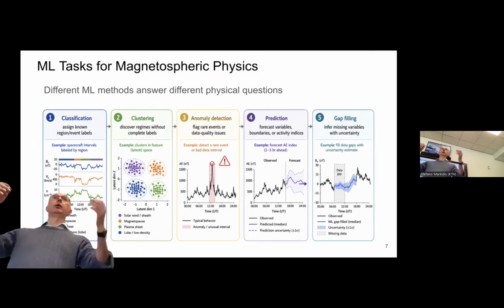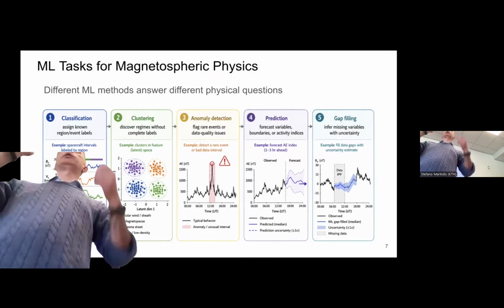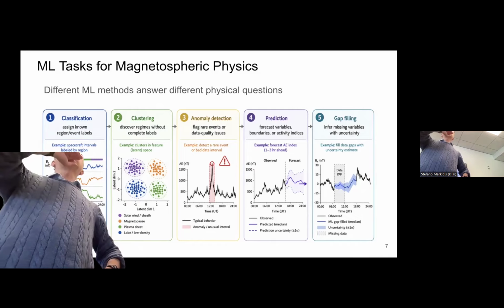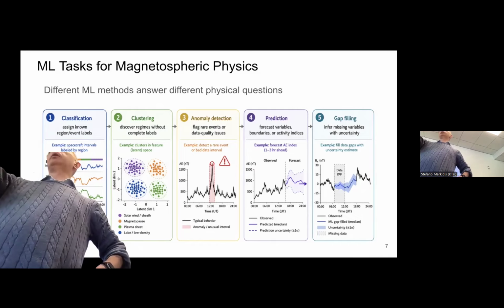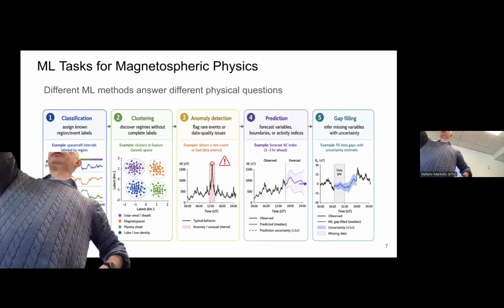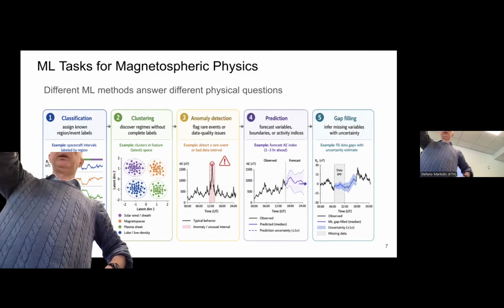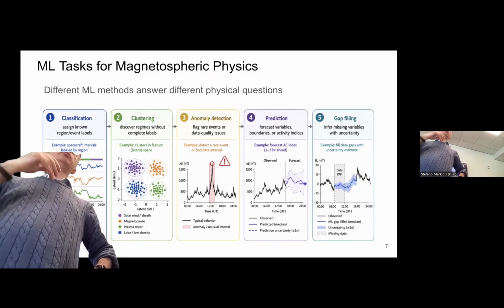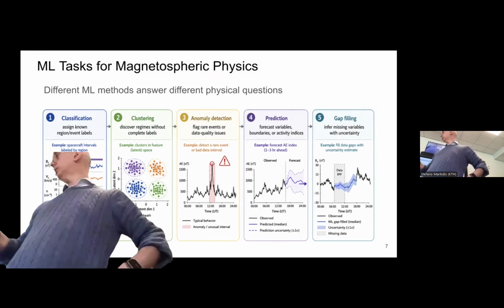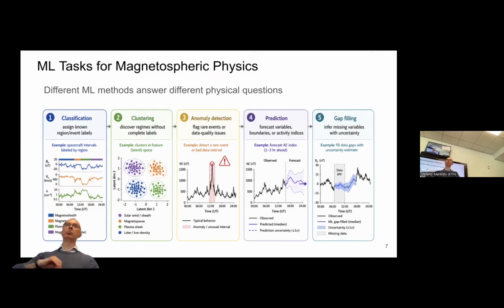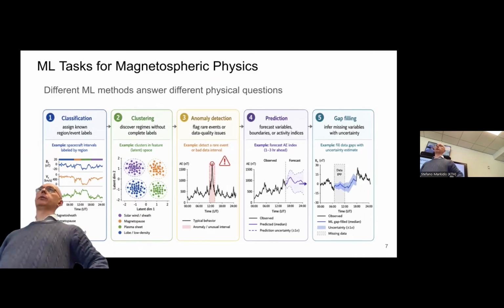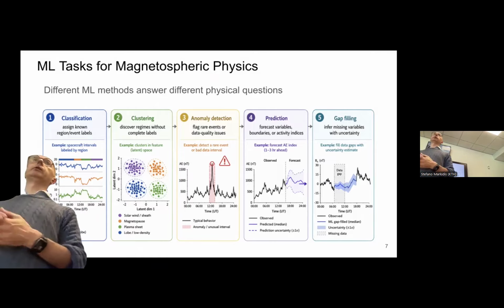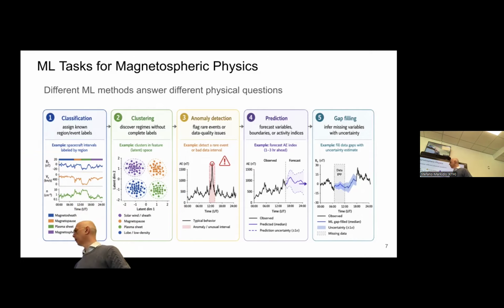So you just take some measurements, and you give as input a certain point or a certain time window, with the values of density, temperature, bulk velocity, and then you get out one of these discrete labels. I'm in the magnetosheath. I'm in the inner magnetosphere. So this is probably the first one, the obvious one. Pretty much everybody is doing it.